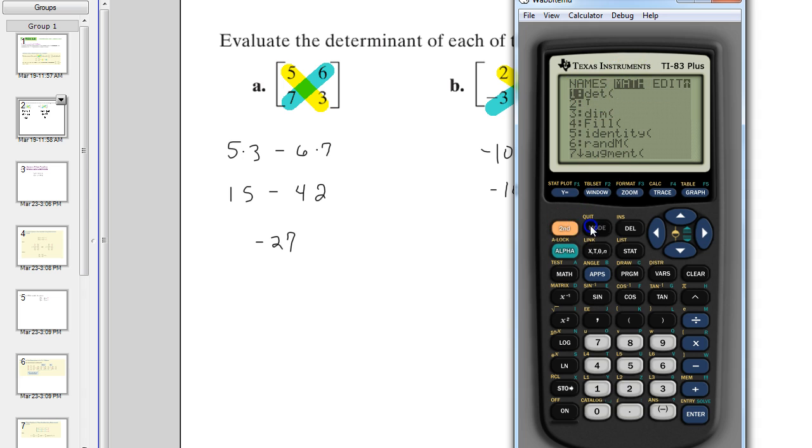So I'm going to go back to this first matrix, and I'm going to change it to a 2 by 2, and I'm going to type in 5, 6, 7, 3. Alright, so there it is, 5, 6, 7, 3, that's my matrix A. I'm going to quit, come back in, go to math, determinant, and then come back in and say find the determinant of matrix A, and hit enter, and there's the negative 27.